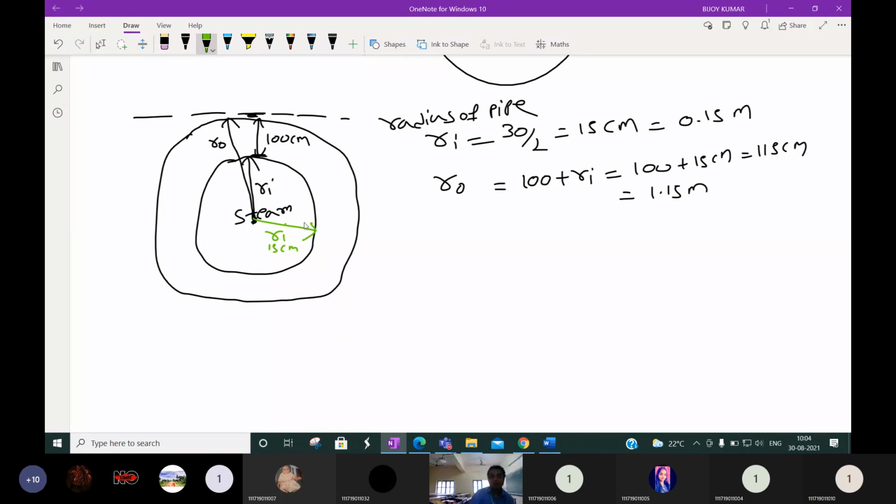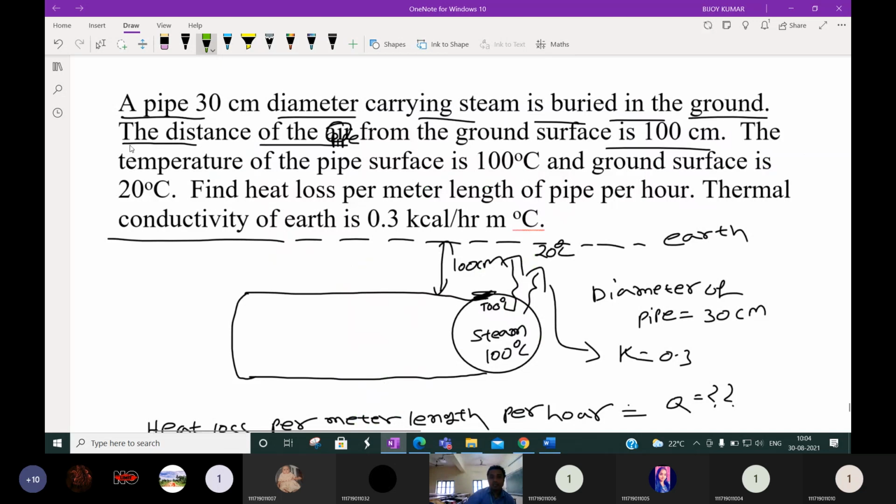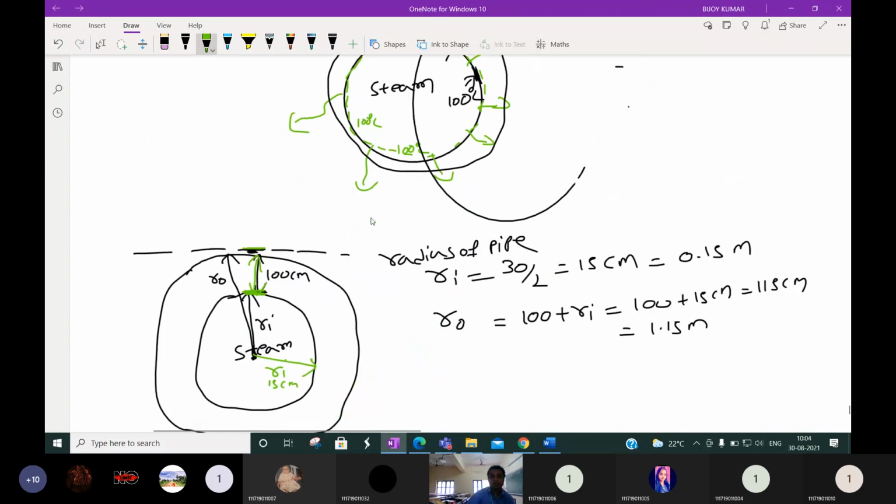Then we have to find out Ro. Ro means outside radius. It was given that from the pipe to the earth surface it is 100 centimeter. From this to this it is given, pipe to earth surface, 100 centimeter.